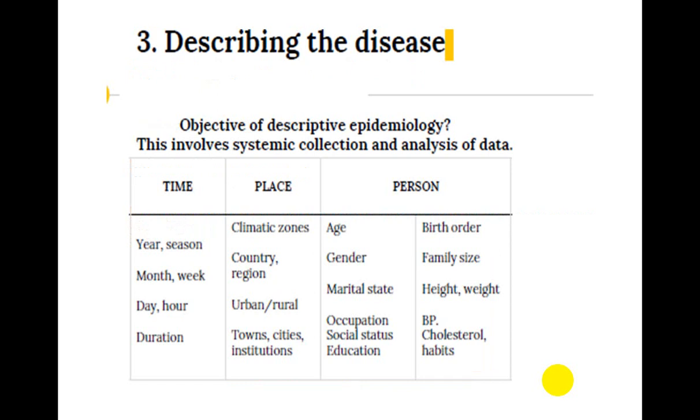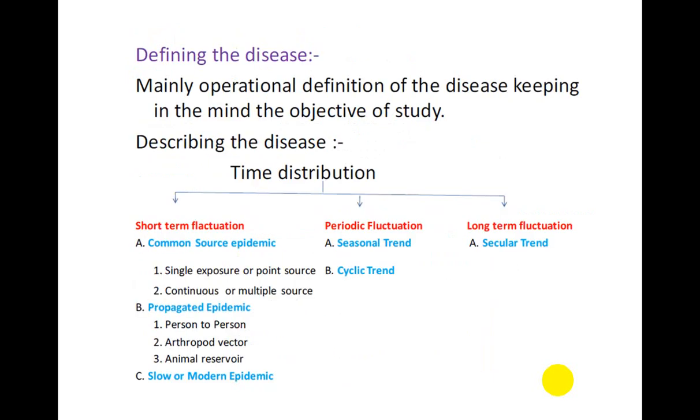we have already discussed this. Defining the disease, we mainly use an operational definition, keeping in mind the objective of the study. Describing the disease, the main thing is the time distribution: short-term fluctuation, periodic fluctuation, and long-term fluctuation.